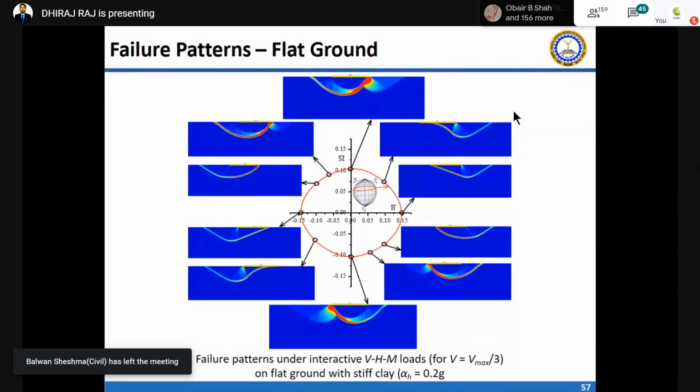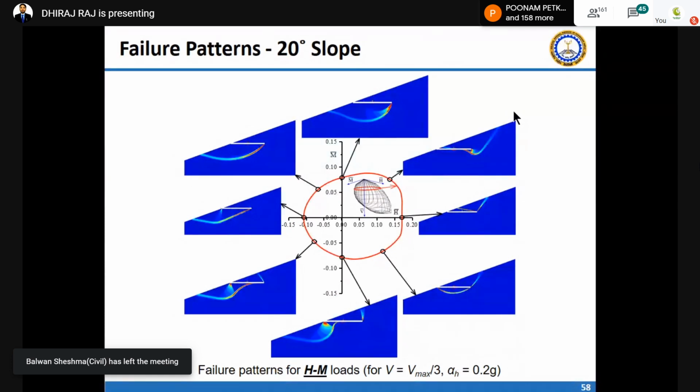This is the capacity envelope for a 20-degree slope at a vertical load of Vmax by 3. Usually we are targeting a factor of safety of 3 in case of foundations on flat ground or on slope.